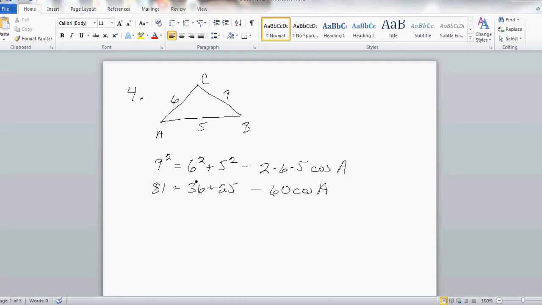If I bring these two over here, 36 plus 25 is 61, and subtract it, so I'll get 20 equals negative 60 cosine of a.